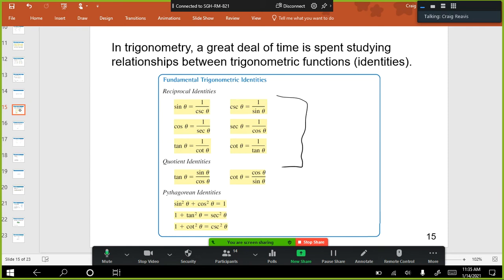Here are a couple other identities that we'll get to: the tangent of theta is equal to the sine over the cosine, which makes sense because in SOHCAHTOA, the sine was the opposite over the hypotenuse, cosine was adjacent over hypotenuse, and the tangent is opposite over adjacent.